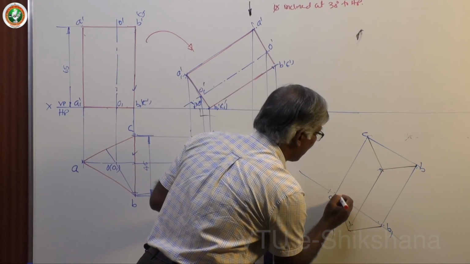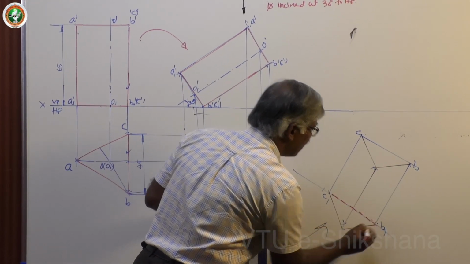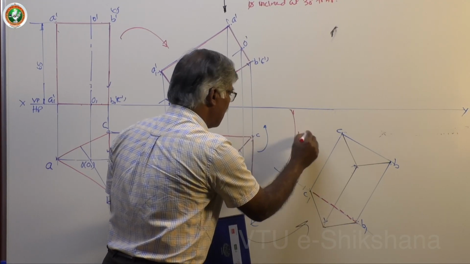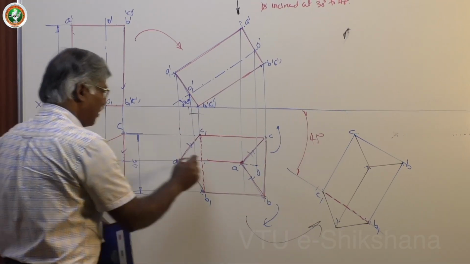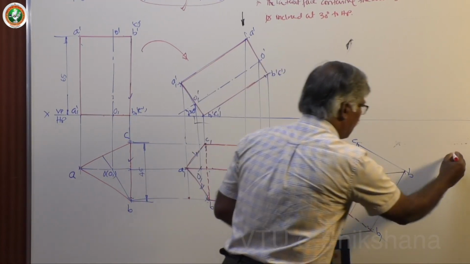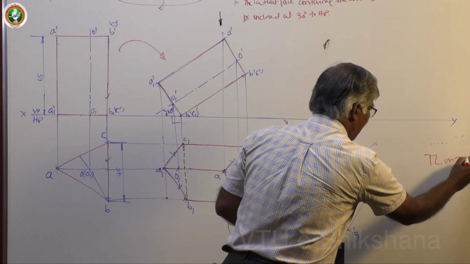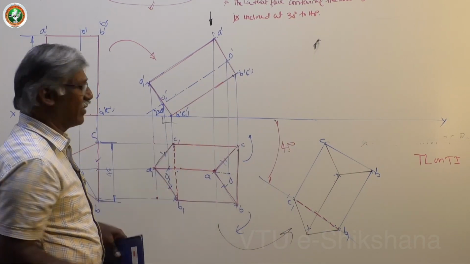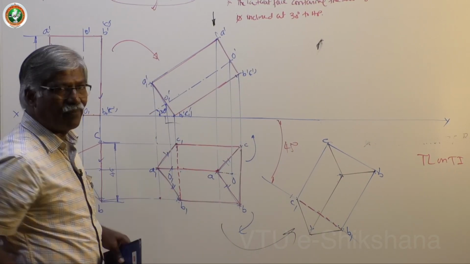So this is very important. B1 C1, which is on the ground, is inclined at 45 degree. So here it is true length, here also true length, here also true length. So true length on true inclination, no question of beta. Whatever the given angle 45 degree, you have to take 45 degree. Then project this up. Okay.